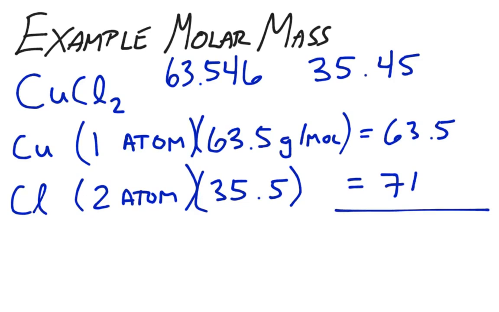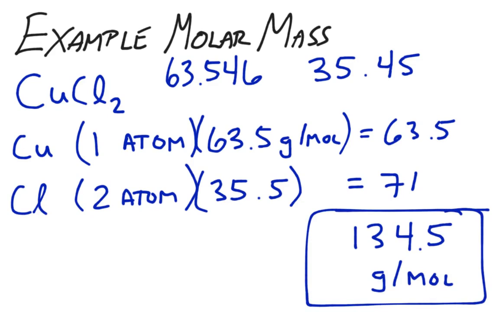When I add up these values, we find that copper 2 chloride has a molar mass of 134.5 grams for every 1 mole. This is a molar mass. What this means is if I had exactly 6.02 times 10 to the 23rd formula units of copper 2 chloride, it would have a mass of 134.5 grams.